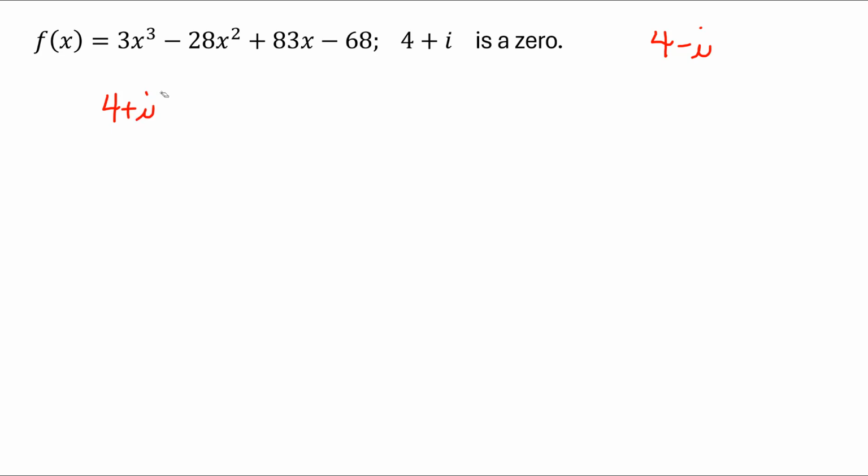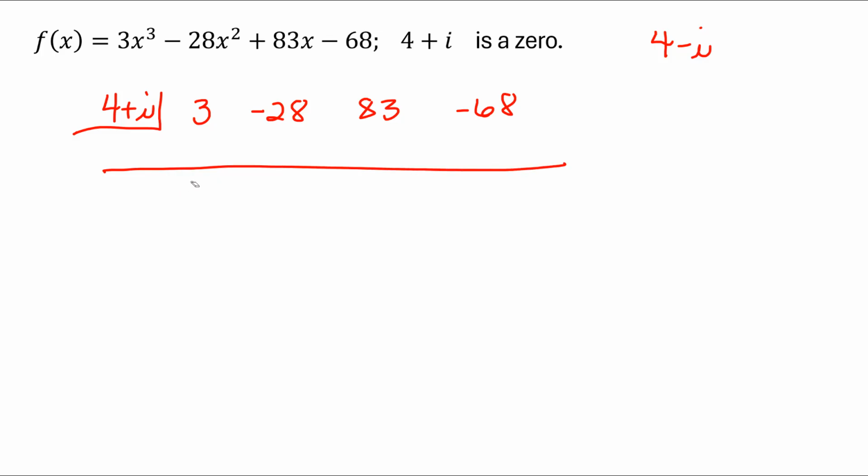So 4 plus i, dividing that into these coefficients. And so I'm going to bring down my 3 and multiply, 12 plus 3i, and that is going to be negative 16 plus 3i.